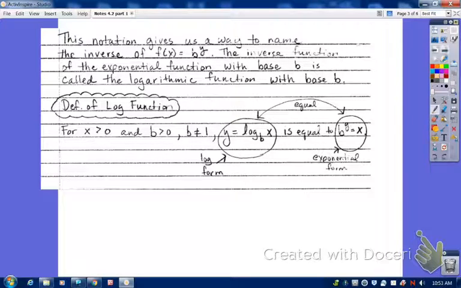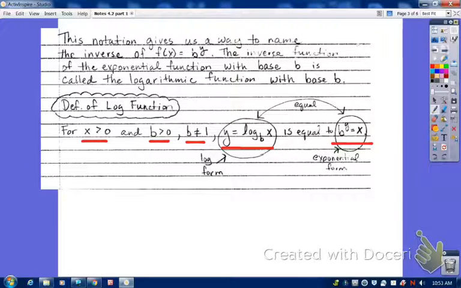Later on when we start solving equations, we'll come back to this definition. x must be greater than 0, and b must be greater than 0, and b cannot equal 1, all in the definition of a log. y equals log base b of x is equivalent to b to the y equals x.